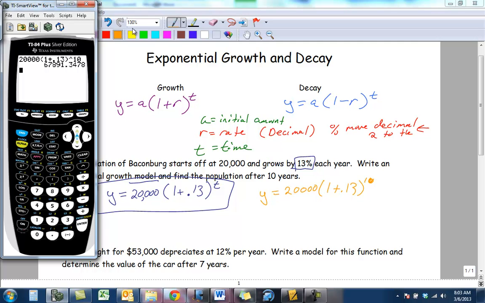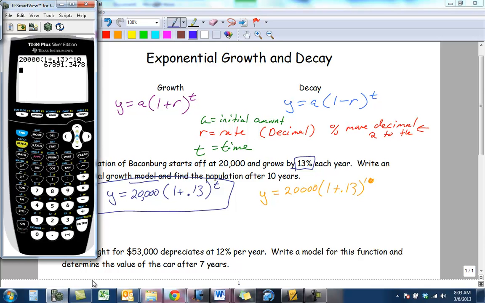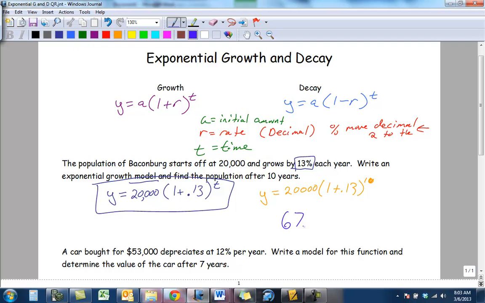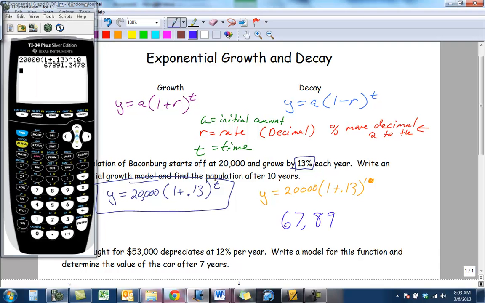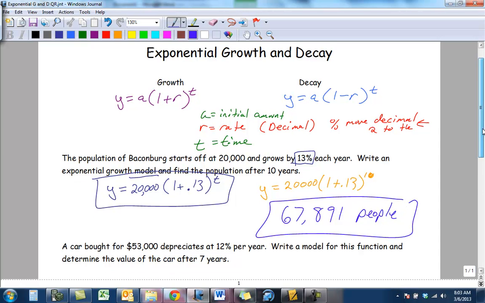However, can you have 0.3 people? No, you can't just chop up somebody. That's gross. So we're always going to round down, even if this was 0.9. So this is 67,891 people 10 years later.